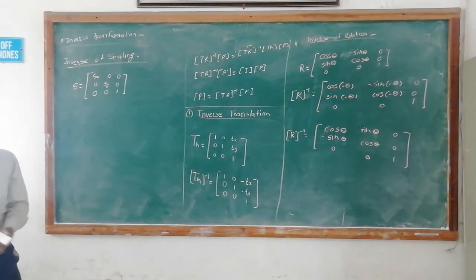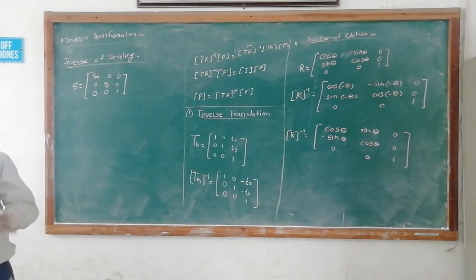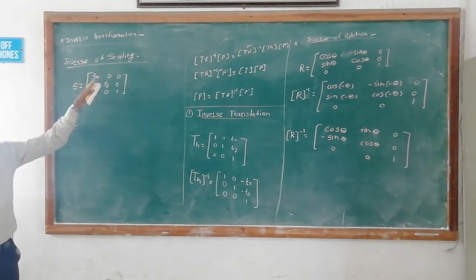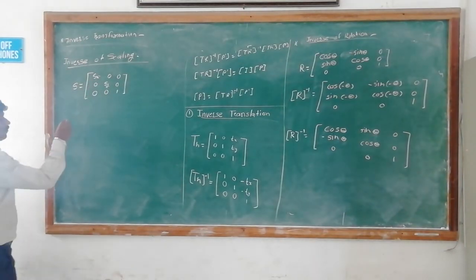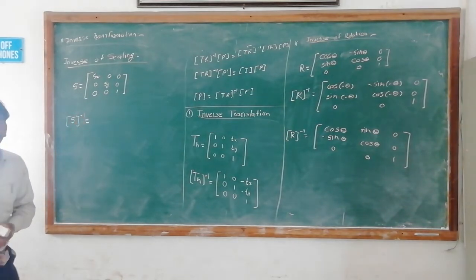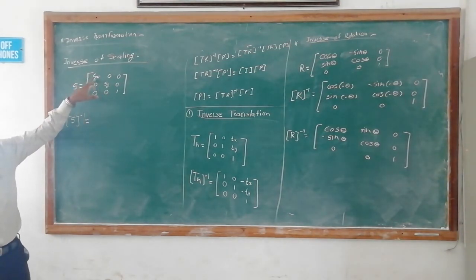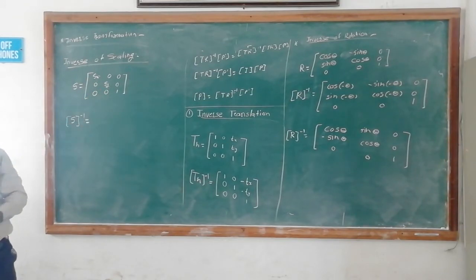What is Sy? Sy is how many times you want to increase or decrease the object in y direction. So this is the value of Sx and Sy. So what is the value of the inverse of this? To obtain the inverse of this scaling matrix, we replace Sx by 1 by Sx and Sy by 1 by Sy.